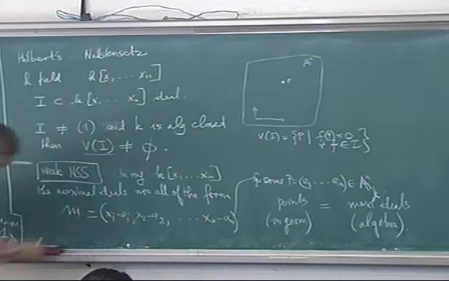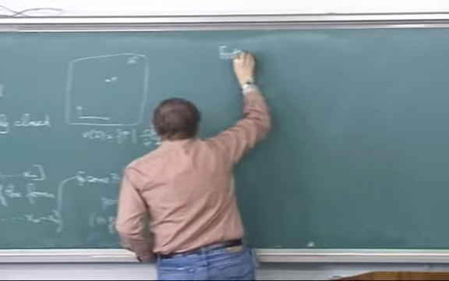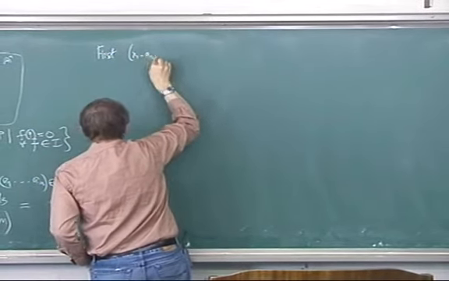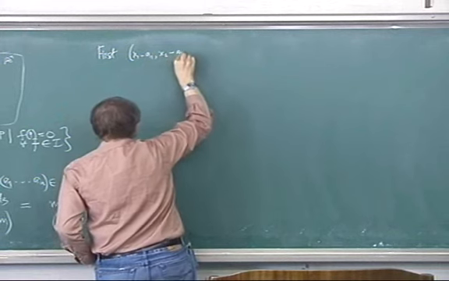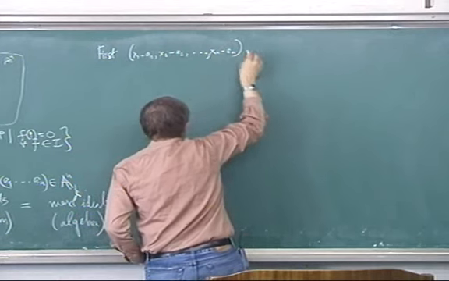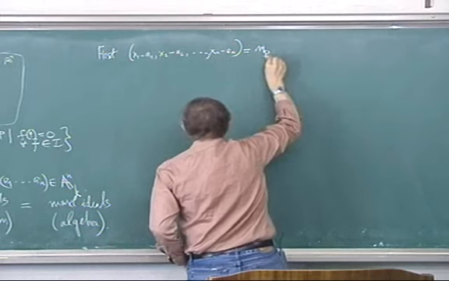So first of all, notice that (x1 - a1, x2 - a2, ..., xn - an), let's call it MP, is a maximal ideal.